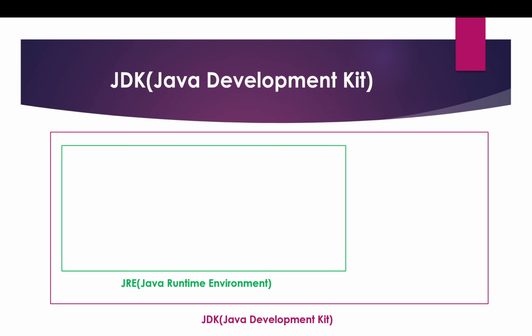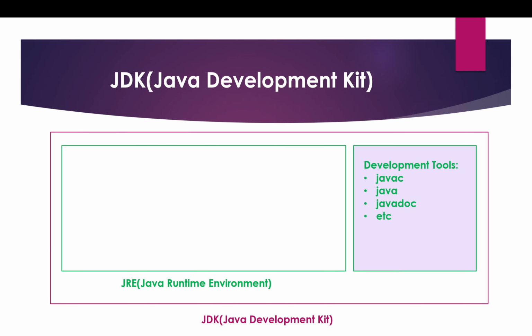One is JRE, that is Java Runtime Environment, and the other is the development tools: javac for the Java compiler, java, the interpreter or loader, javadoc, the document generator, and jar, and so many other tools. These tools I showed you inside the JDK bin folder, right? And also there will be JRE, that is Java Runtime Environment.